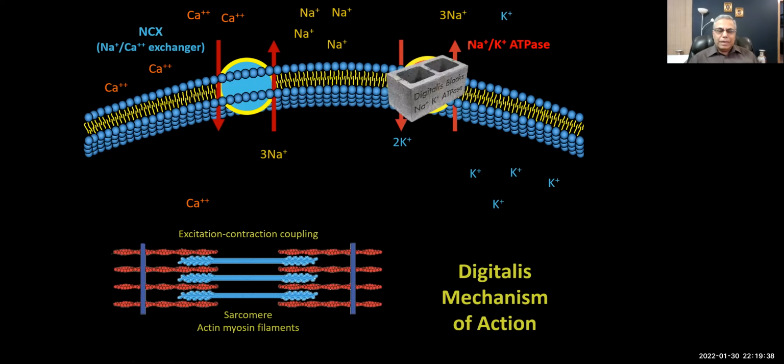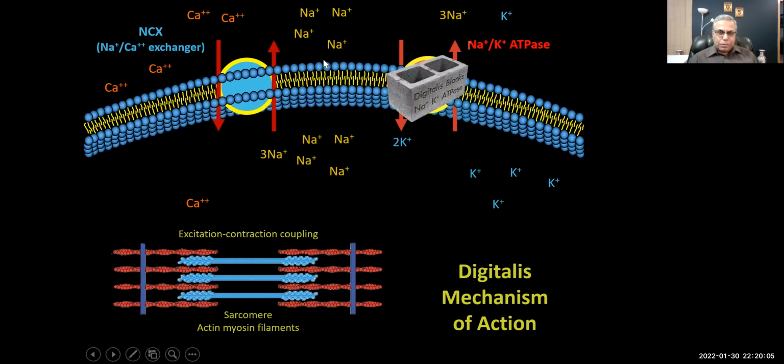Now let us see when digitalis is there. Digitalis will block this sodium potassium ATPase. When this sodium potassium ATPase is blocked, sodium will stay inside. Sodium will not move out. So there is no concentration gradient. When there is no concentration gradient, the calcium that we had inside will stay inside because it went out in exchange of sodium.